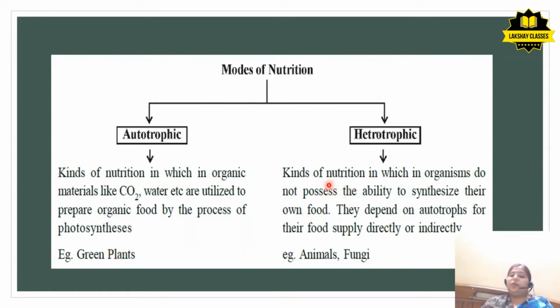Similarly, heterotrophic nutrition is the kind of nutrition in which organisms do not possess the ability to synthesize their own food. They depend on autotrophs or other animals for their food directly or indirectly. For example, animals, fungi and human beings also.